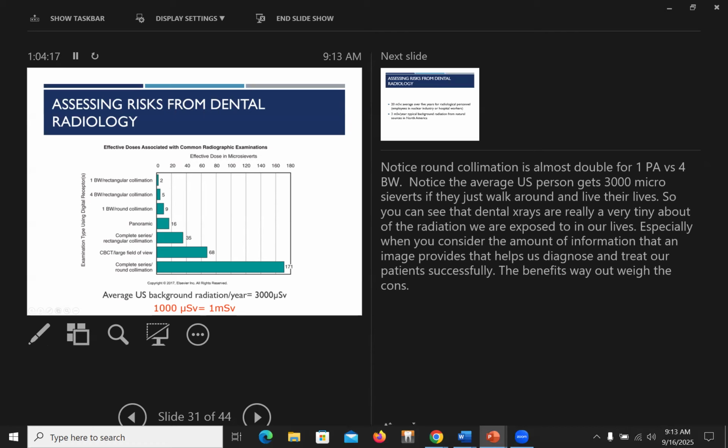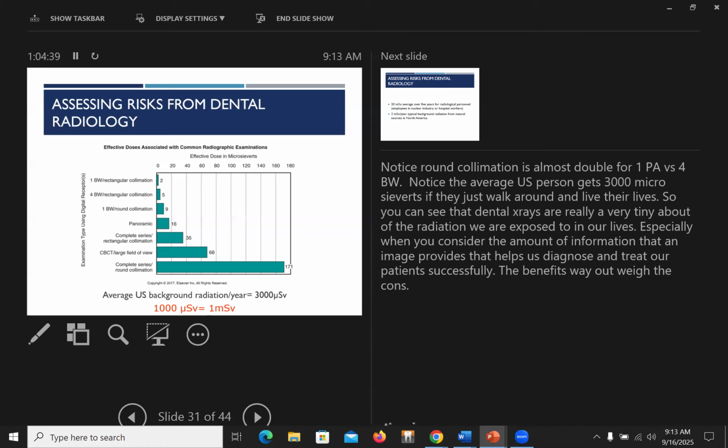An FMX with the rectangle, the FMX that you take on patients, if you don't have retakes or you only have one or two retakes, you're only at about 35 to 40 millisieverts. But with a round, you go all the way up to 170 plus, depending on retakes. So it's a huge difference.